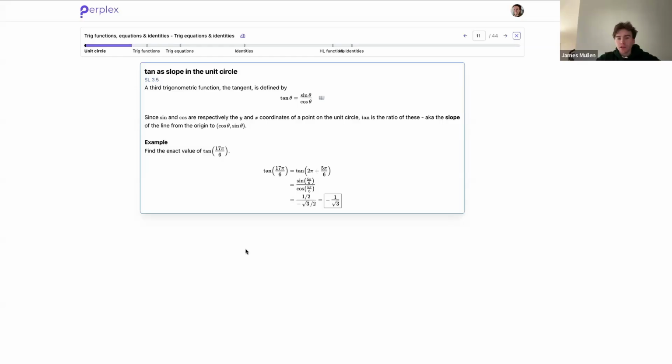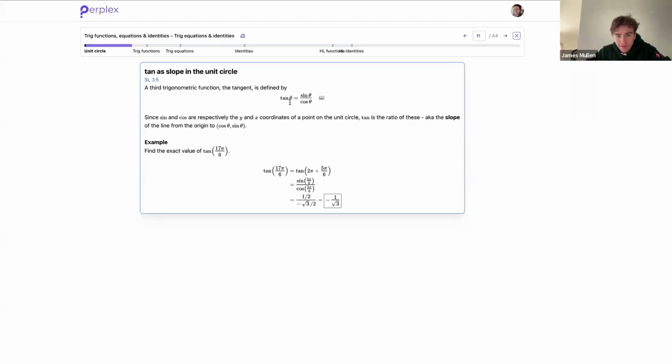All right? Now, this interpretation of slope is not always going to be relevant. Most of the time, you can just think of tan as a function that gives you a number. But it is useful sometimes for finding angles when you know slopes of lines, and you're told to find the angle that a line forms with the x-axis or something like that. Okay?